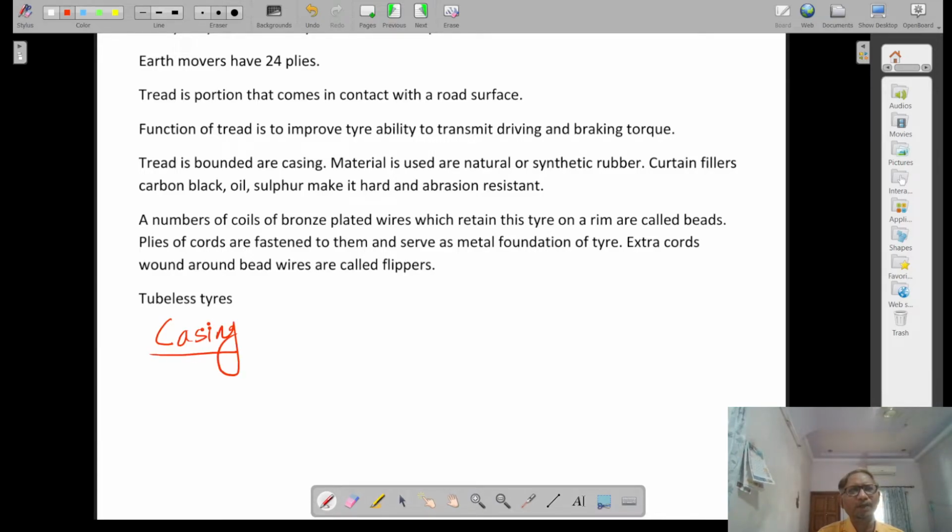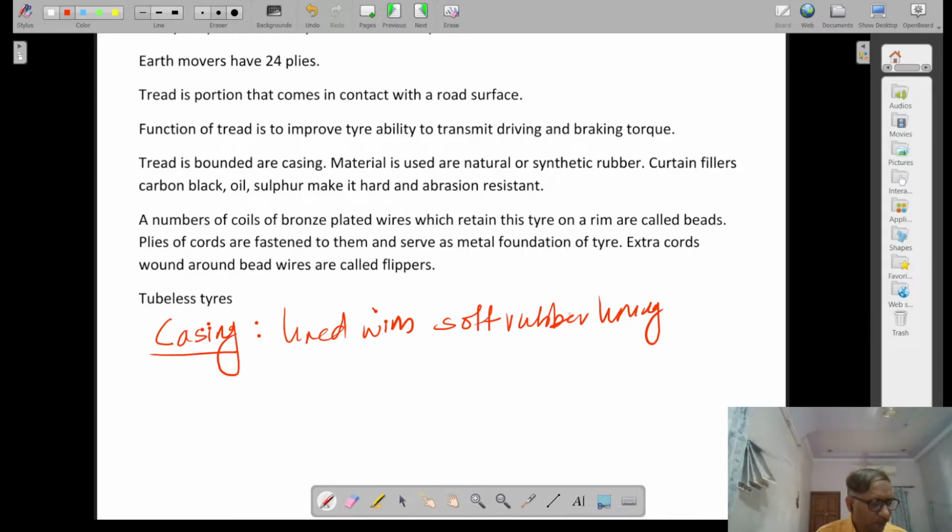The tires have casing, beads and treads. Here we have a casing. This casing is lined with soft rubber lining, which forms an airtight seal with the rim, and the lining retains the air and seals itself if it is punctured.